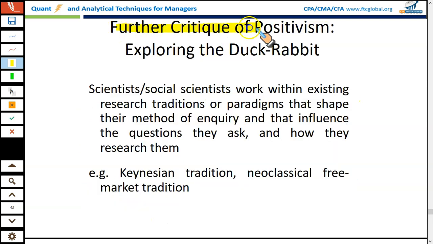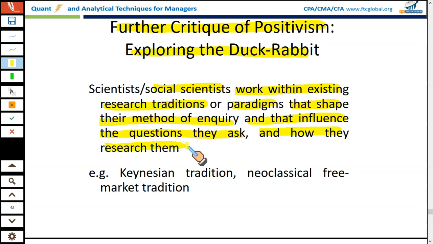Further critique of positivism, exploring the duck-rabbit illusion. It says social scientists work within existing research traditions or paradigms. Paradigms means a set of beliefs that shape their method of inquiry and that influence the questions they ask and how they research them.